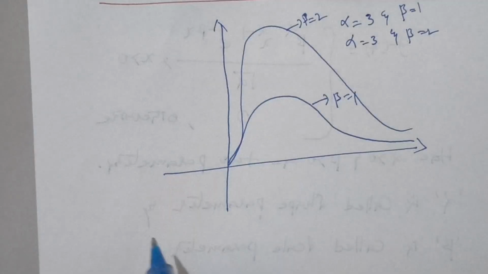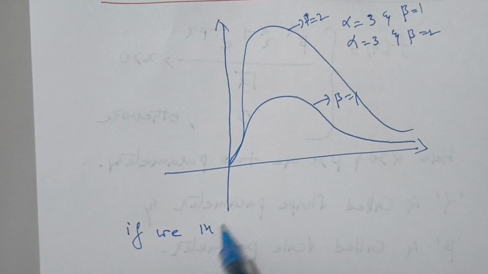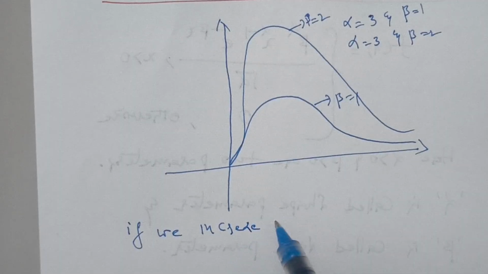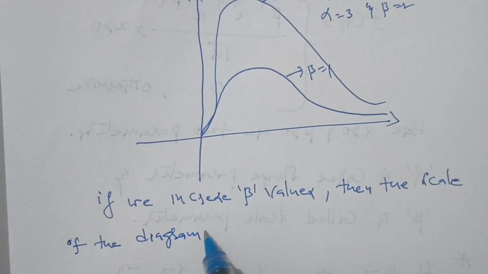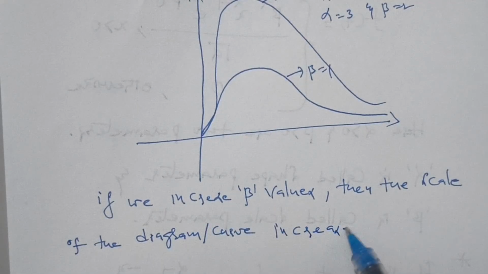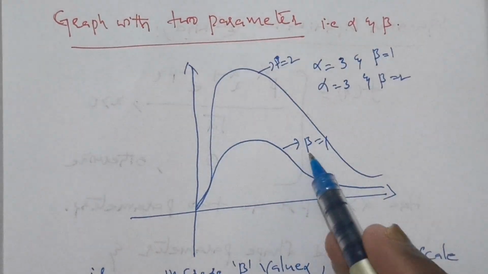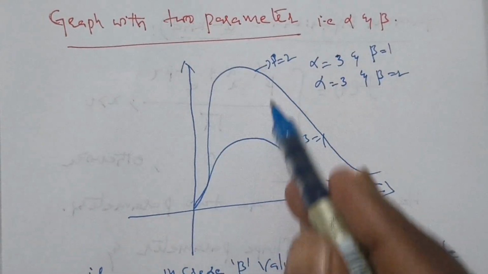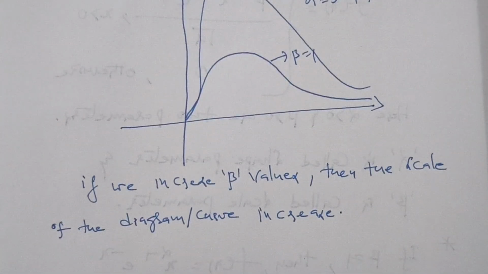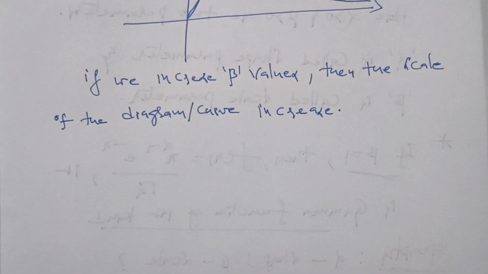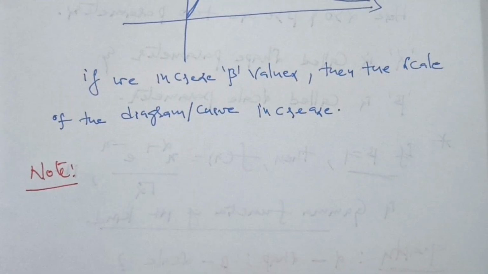So observe this graph carefully. When we change the beta values, if we increase beta values, then the scale of the graph or curve is increased. So the peak of this graph increases for different values of beta. Okay. This graph belongs to the gamma distribution of the second kind.